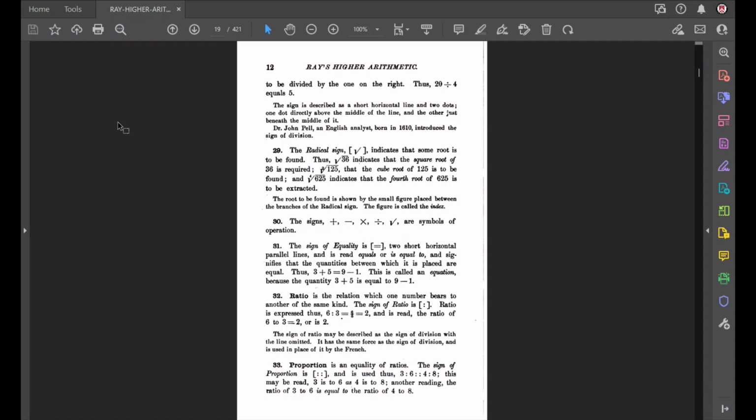The sign of the ratio is what we call a colon, one dot above the other. The sign of ratio. Ratio is expressed thus. So a ratio is written like this. And this sign is read "is to." 6 is to 3.